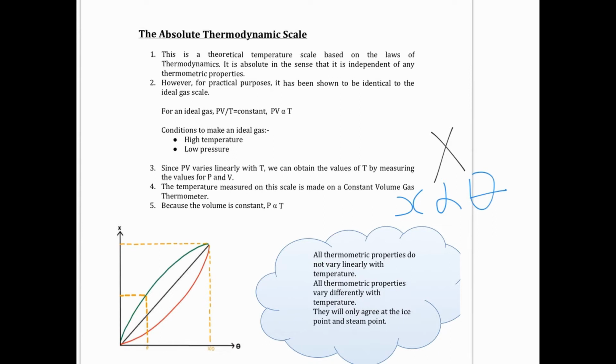So let's say we place the mercury in glass thermometer in the sea or in the ocean there, and as we place it in the temperature of the ocean, which is supposedly this temperature theta, it will actually show you this length, right? This green color point here, this is the actual length of the thermometer.